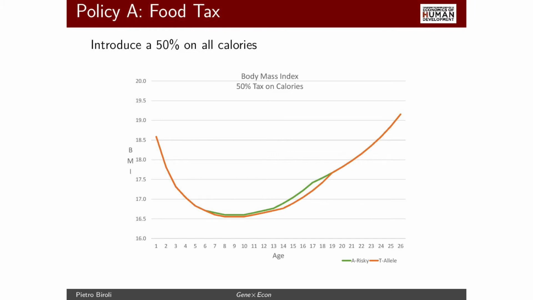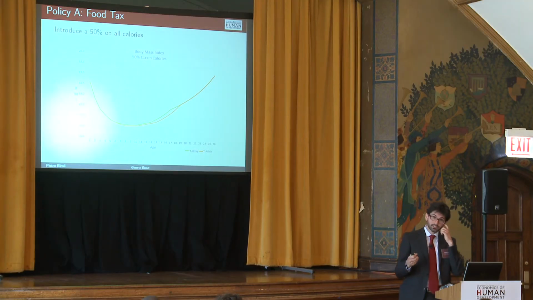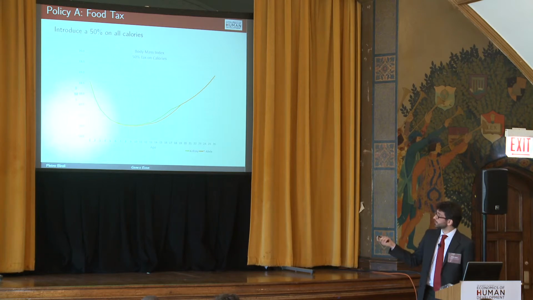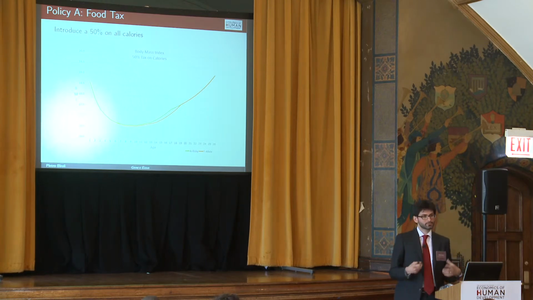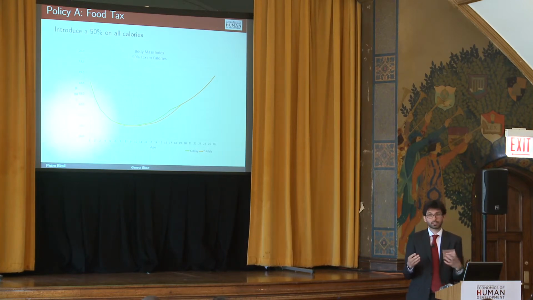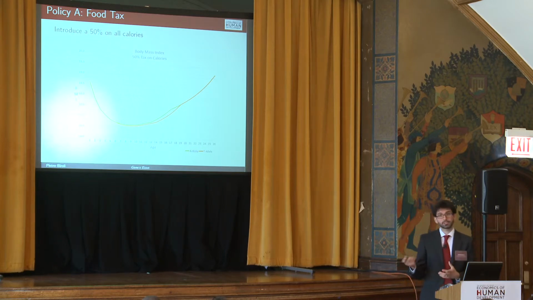Since calories are very cheap, a way of counterbalancing this effect is to consider a 50% increase of tax on calories. And what we observe is that if indeed we increase the prices of calories, the genetic differences in BMI tend to fade away. This is consistent with the results from the cohort born before 1942, when the price of calories was not so cheap, and indeed we didn't find a lot of difference in their level of BMI.